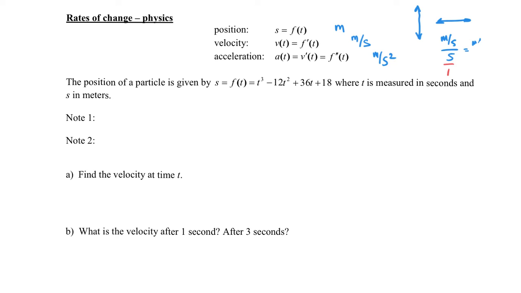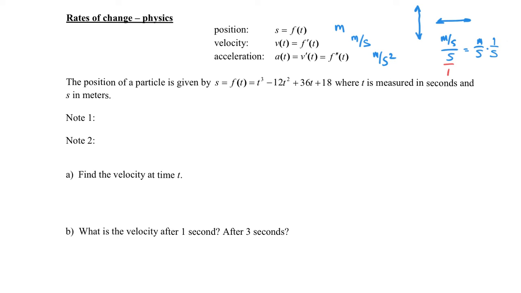So let me clean this up a little bit. So if we have meters per second, instead of dividing by seconds over 1, we multiply by the reciprocal, which would be 1 over seconds. And then you can see, because when you multiply fractions, you go straight across, you can do meters divided by seconds squared. So that's where this notation comes from.